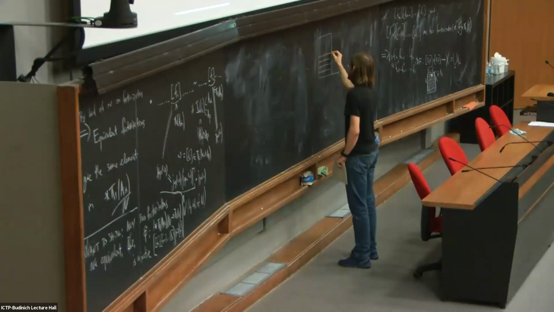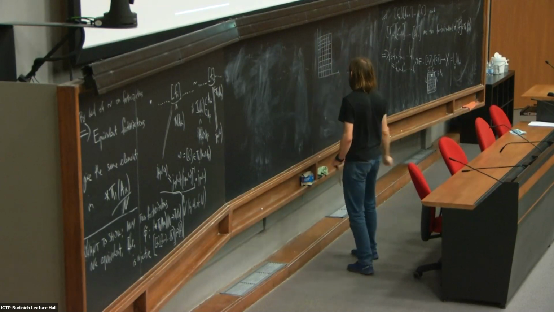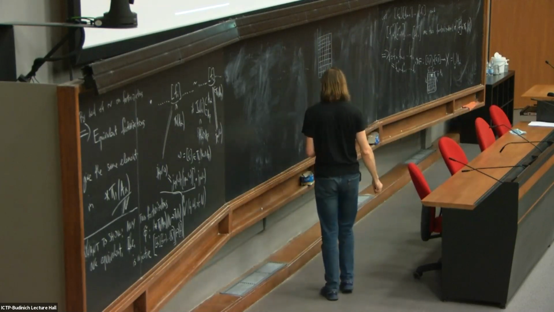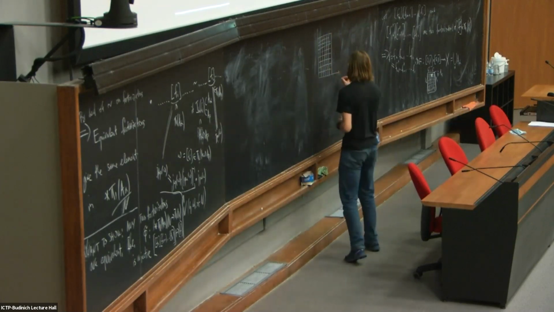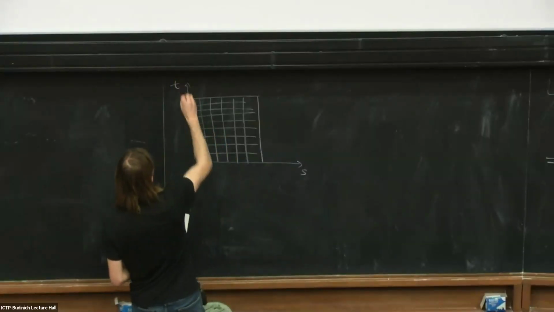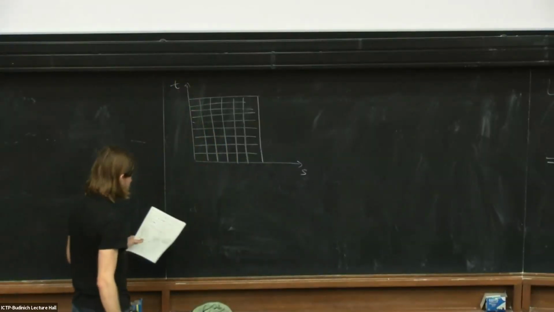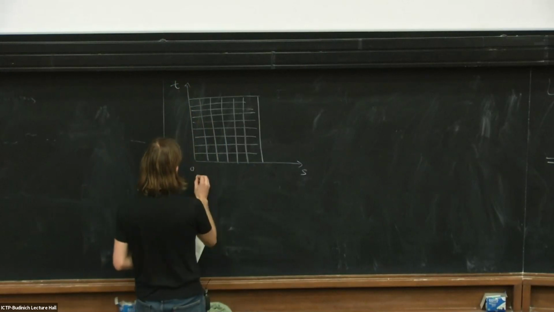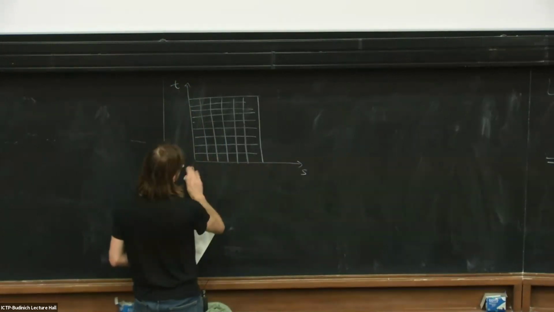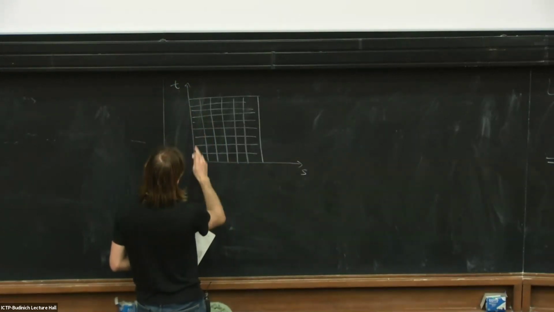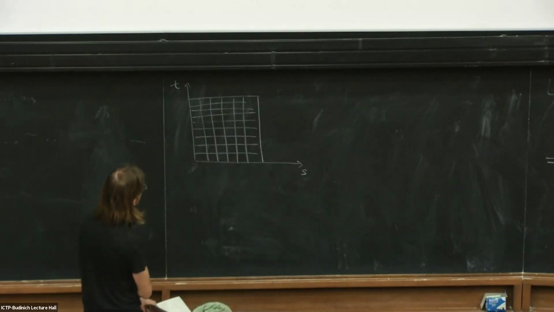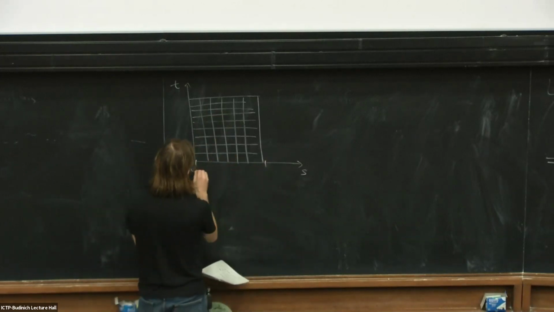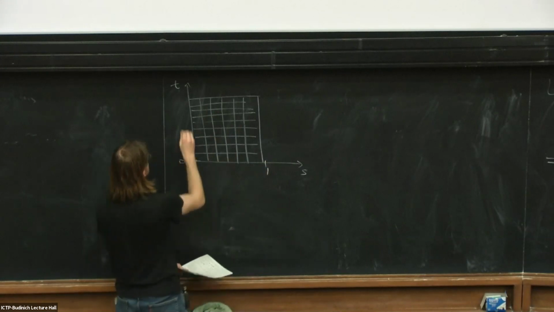Again, the usual argument tells us that we can find a subdivision S, T, of each of the intervals 0, 1 and 0, 1 here.